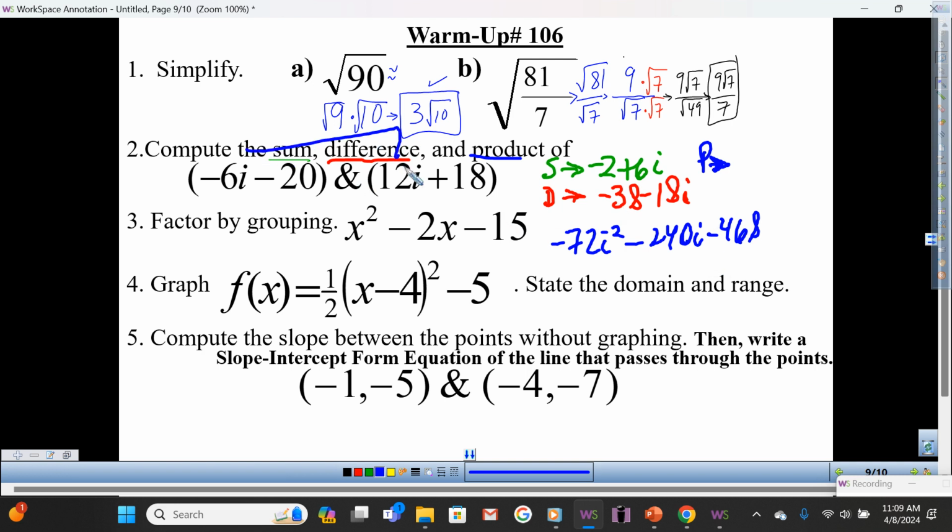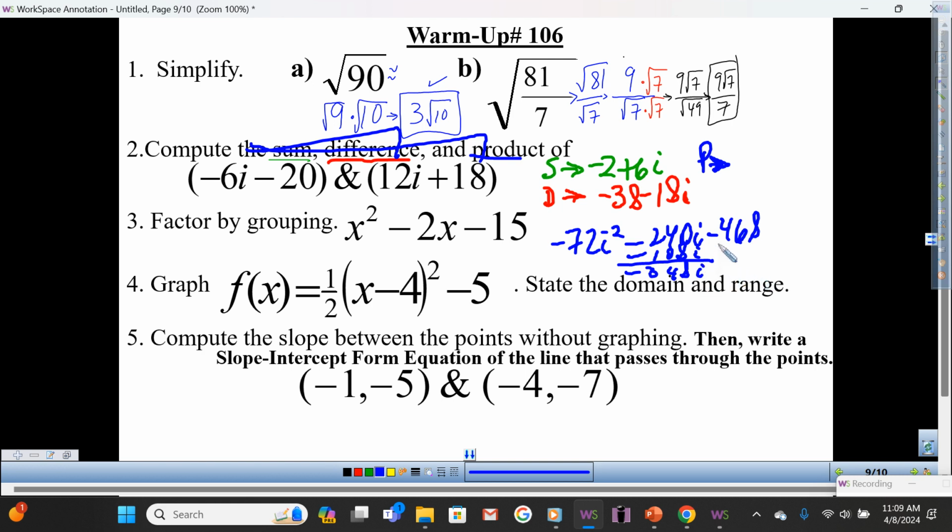Okay, let's see. That and that. Negative 6 times 18. 108. Aren't you missing something? Is this negative 108i? So this is a total of negative 348i.